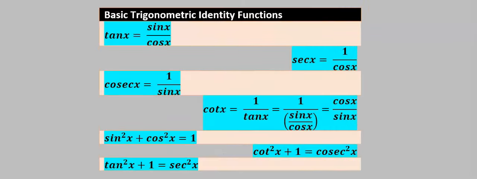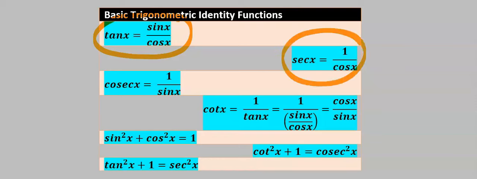Similarly, it's important you familiarize yourself with basic trigonometric identity functions. That is, tan x is equal to sin x divided by cos x. Likewise, sec x is the same thing as 1 divided by cos x, and cosec x is 1 divided by sin x.